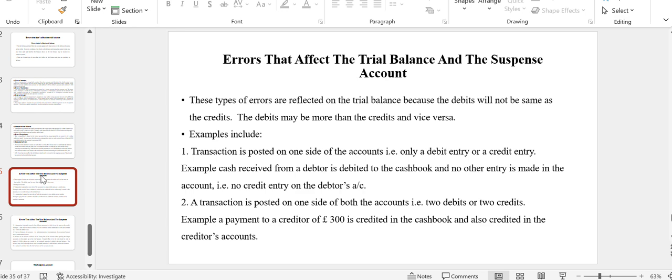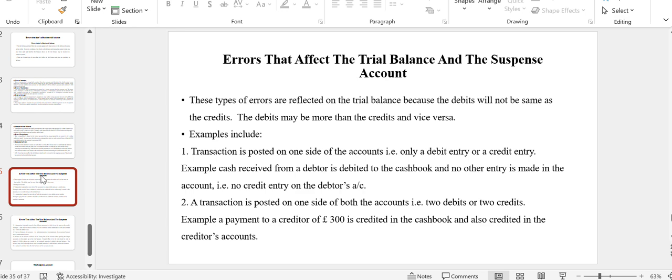Okay, so this is what we call errors that affect the trial balance. You can also be told in an exam, 6 marks, state maybe 3 or 4 types of errors that affect the trial balance, and I've actually explained some. For example, number 1, when you post a transaction on one side of the account, that means you only make a debit entry or a credit entry.